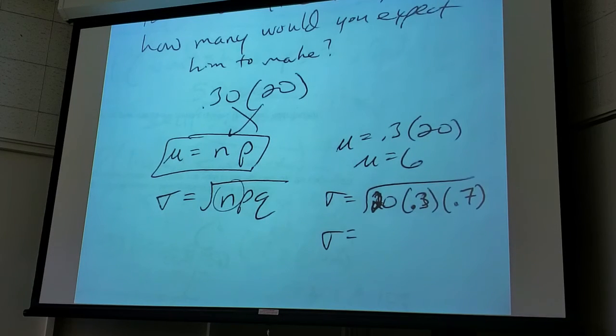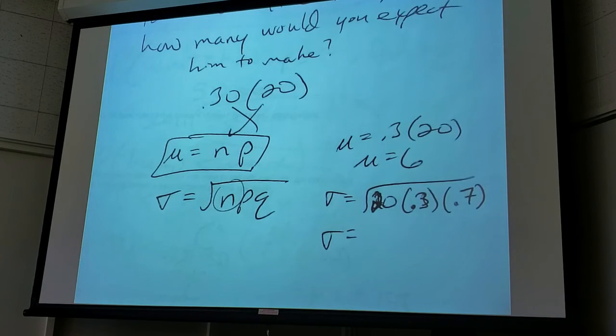For a binomial probability situation. So how do I know when I'm in a binomial probability situation? They give me a probability of success. They ask me a question like, what's the probability we get 7 successes or something, right? So there's a little p, we can find a little q.